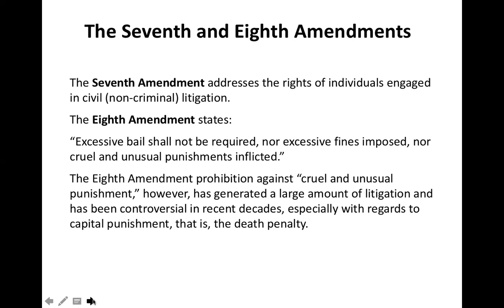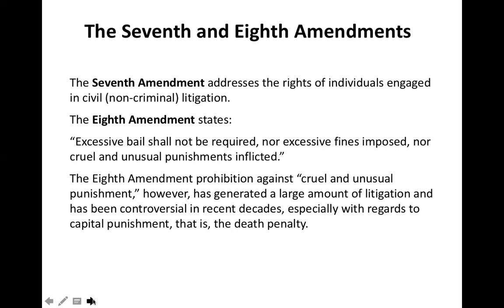So then we have the Eighth Amendment. The Eighth Amendment states that excessive bail shall not be required, no excessive fines imposed, and no cruel and unusual punishment. But bail, and that's why I wish we were in the classroom, because bail is an interesting concept because we have these uniform bail laws. So like for a DUI, it's $2,500. So you got to put up 10%. That's like what, $250? Well, paying that for me may be different than you, right?